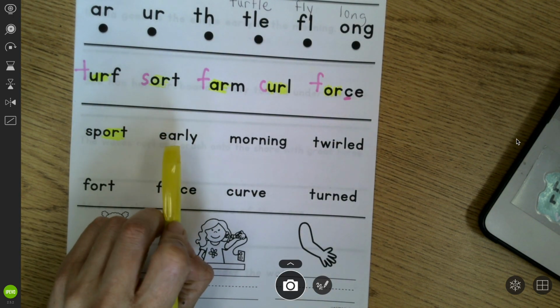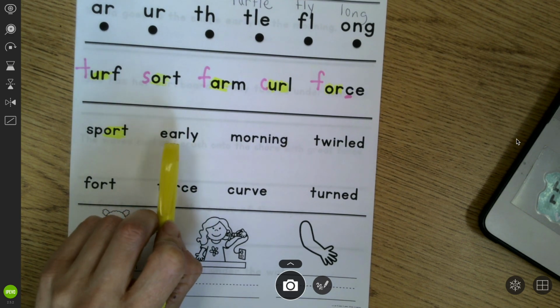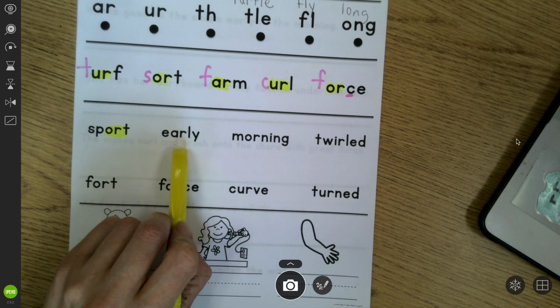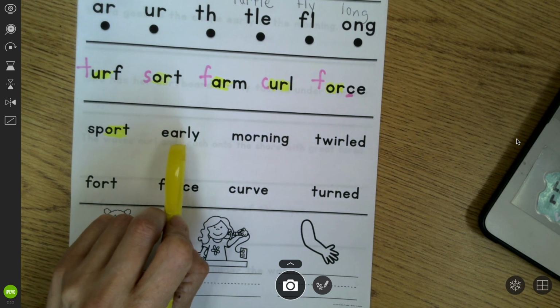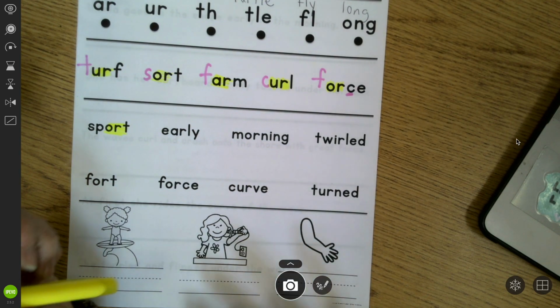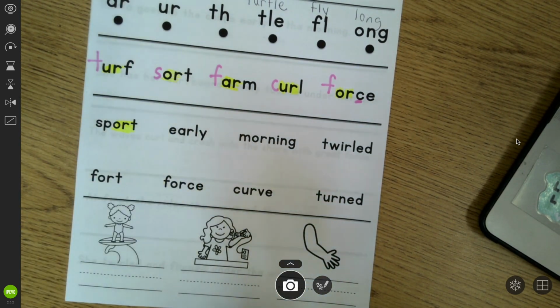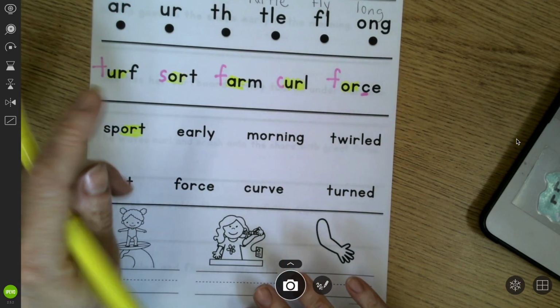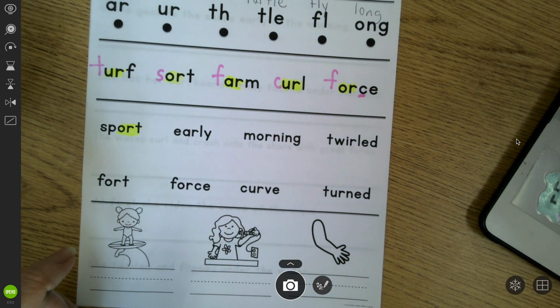This one is a little tricky. This word is early. Early in the day. Or you come to school early for tutoring. Early. We have that AR, but we don't really say ar, it's more er, okay? But we know the LY says lee. Early.